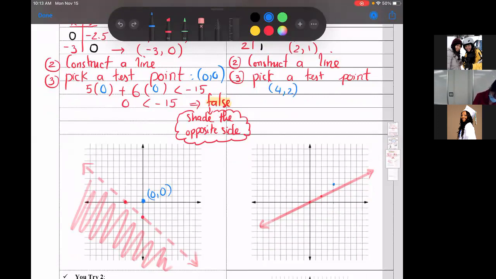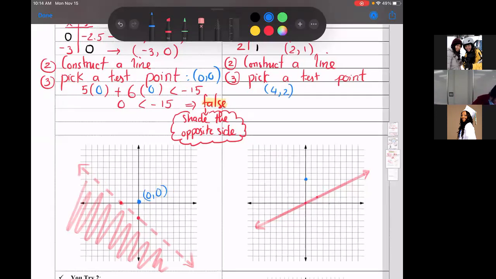Or something far away. You know what? I'm going to pick 0, 4. Can't argue with that. It's not on the red line. As long as it's not on the red line, I'm good.